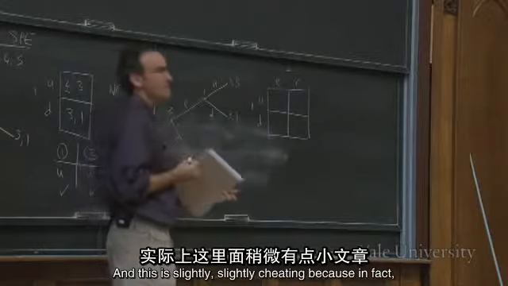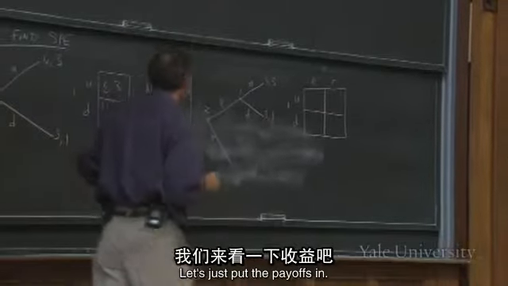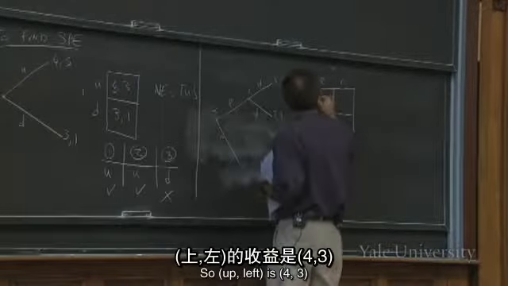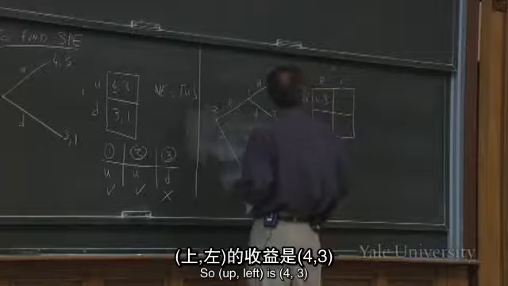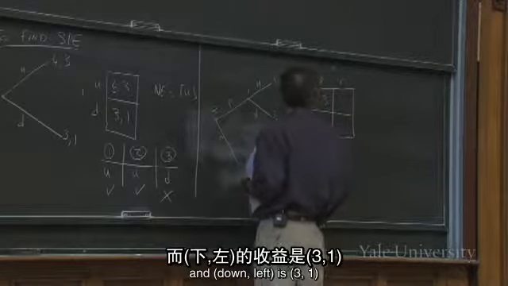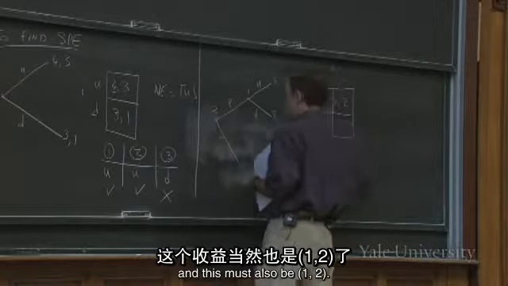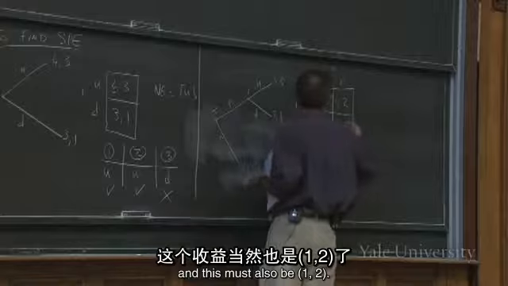And this is slightly cheating, because in fact player 1 of course knows what player 2 is going to have done by the time she moves, but never mind, it'll do for now. All right, and let's put the payoffs in. So up left is 4, 3, and down left is 3, 1, and up right is 1, 2, and this must also be 1, 2.